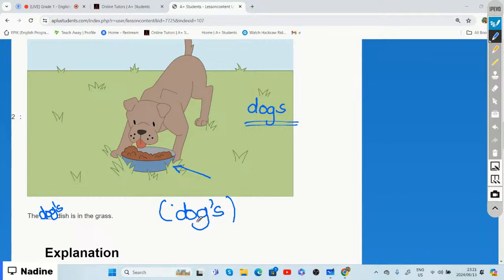But if you put your apostrophe and your S, then it means that we are only referring to that one dog. But if you say dogs without the apostrophe and S, then it means that it is more than one dog's food. And this only belongs to one dog.